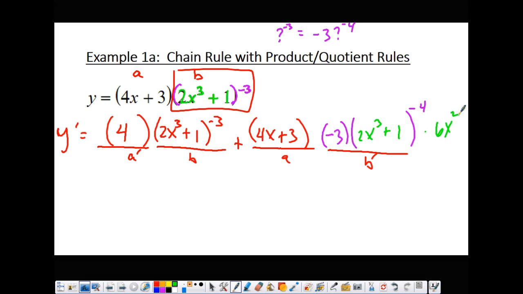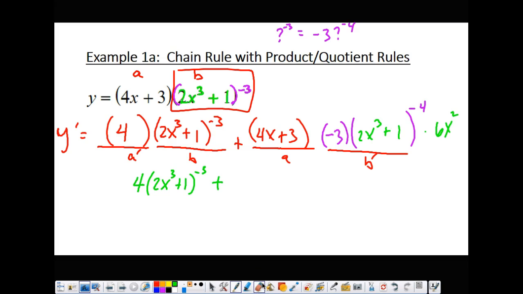Now, how would it look on a multiple choice test? Well, there's a lot of ways it could look, right? They might rewrite this with the negative 3 in the denominator, right? They might move that whole piece to the denominator. I think it would probably look like this, though, would be my guess. The negative 3 and 6, I think they would put those together.